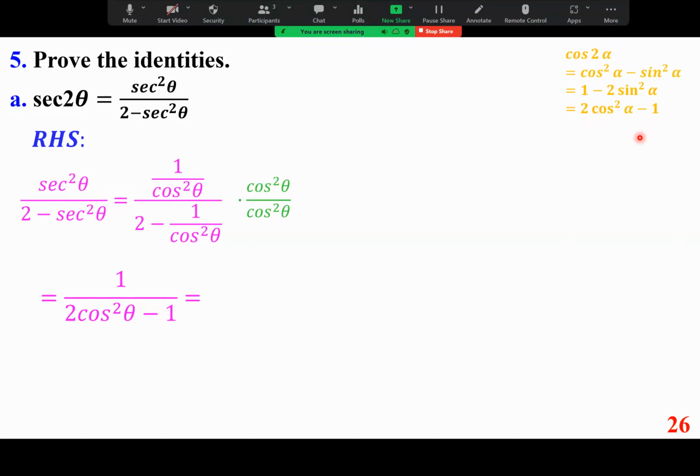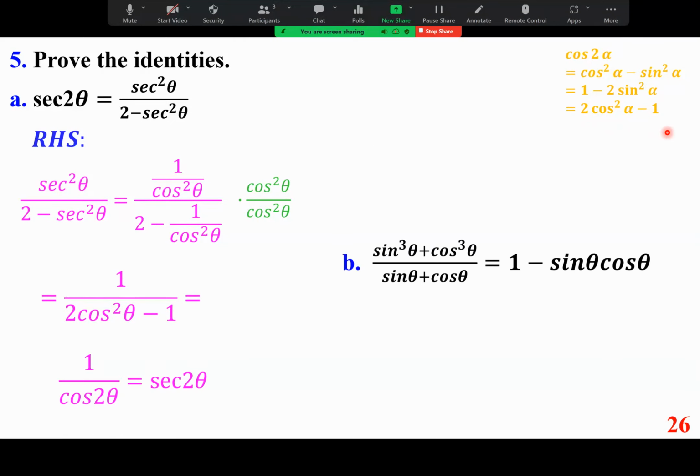Cosine 2 theta, based on the formulas that were discussed, cosine of 2 alpha. This is extremely important. There are many different ways of writing it, but you really need to know all of them. Cosine squared minus sine squared, 1 minus 2 sine squared, 2 cosine squared minus 1. And therefore, it's 1 over cosine 2 theta, or secant 2 theta.